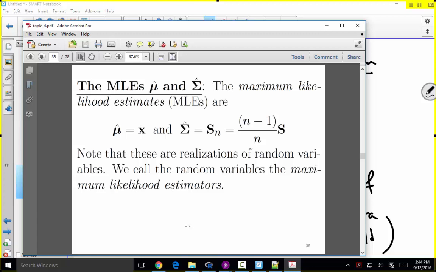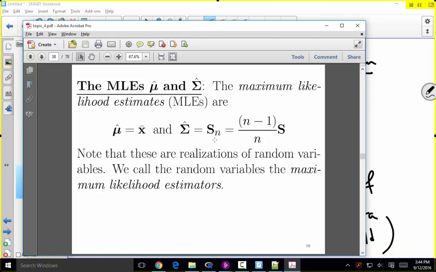And similarly, the maximum likelihood estimator of the covariance matrix is what we called earlier on S sub n. This is a sample covariance matrix. What's a little bit unusual about this one is that it divides by n rather than n minus 1. You're used to seeing sample variances defined as a sum of squared deviations divided by n minus 1.